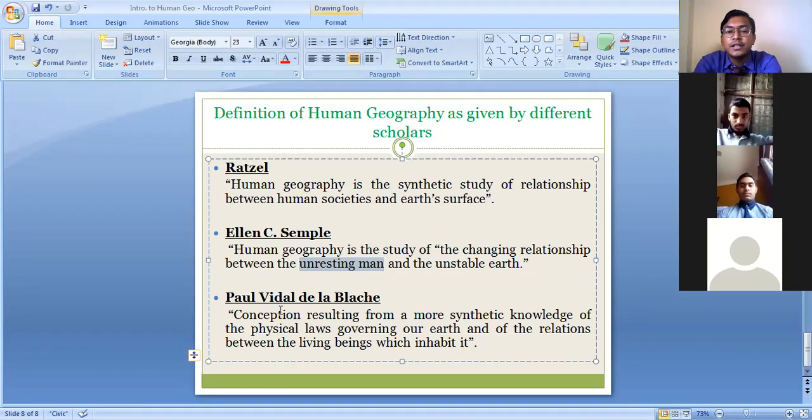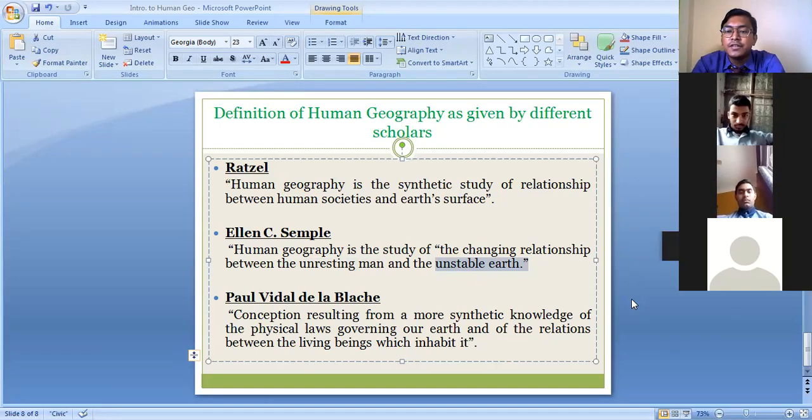So this is why it is said that the unresting man and the unstable earth. Even the earth is unstable. In class 11 we studied the plate tectonics theories. In that theory, what did we study? How the movement of the plates led to the formation of the earth, and how the exogenic and endogenic forces help in the formation of new landforms and shaping them. Even the earth is undergoing the process of change.